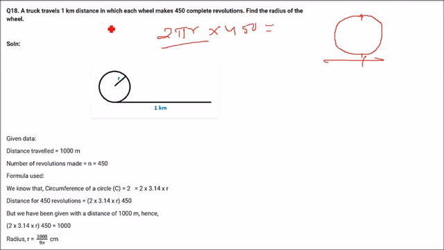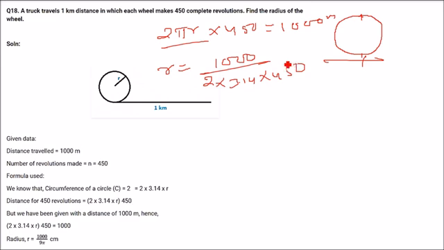Because we have to find the radius of the wheel, let us take 1 kilometer as 1000 meter. So what will be the r? 1000 by 2 into 3.14 into 450. You can just write it as 1000 by 9 pi if you want, but you can solve it also. This will be the radius.